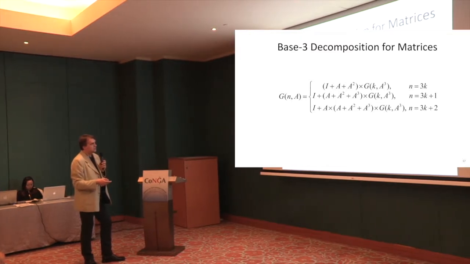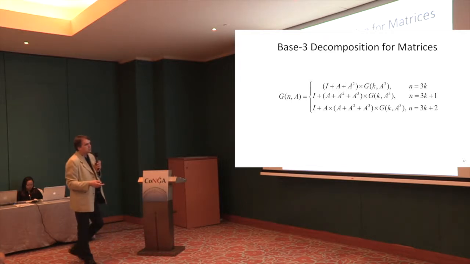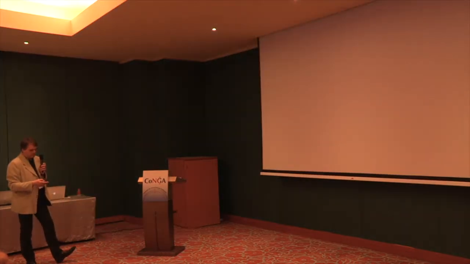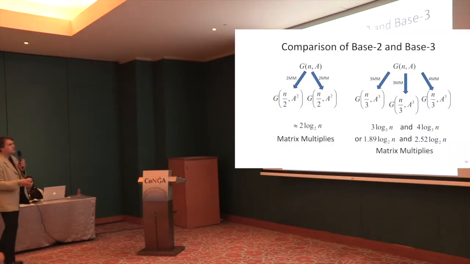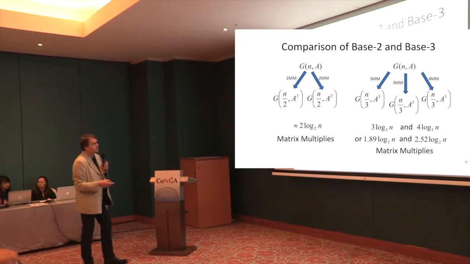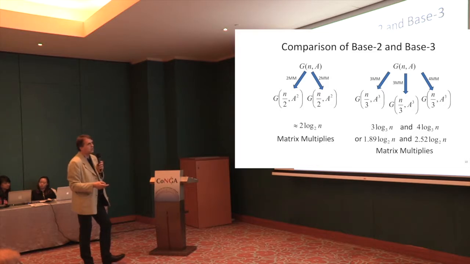Here is 1, 2, 3 as well, but here is unfortunately 4: 1, 2, 3, and 4. So we can see that base 3 has a somewhat strange structure, which is annoying, but that's fine. So when we convert a problem of size n to a problem of size n over 3, if n is exactly divisible by 3, we need 3 multiplications. If n is 1 modulo 3, we need 3, but otherwise we need 4 in the last case.